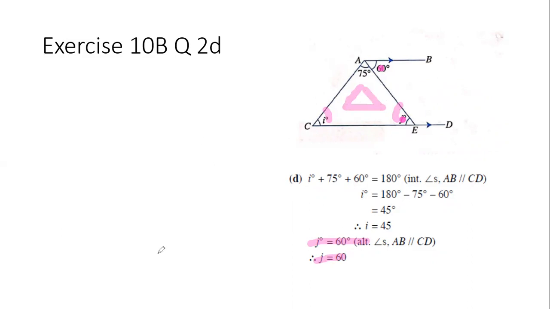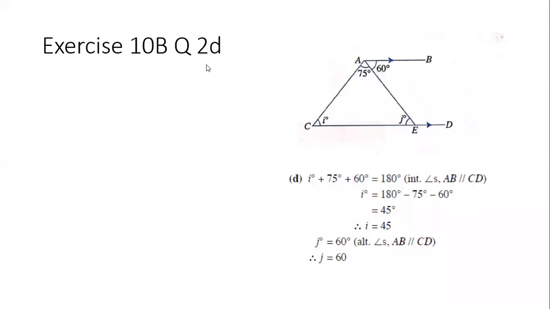So we know that the total angle in a triangle is 180 degrees. So to find this I, we need to subtract this 75 and the value here, 60, from 180 degrees, which is done here. So you will get the answer for I. And now we have the value of I and the value of J, which are 45 and 60.